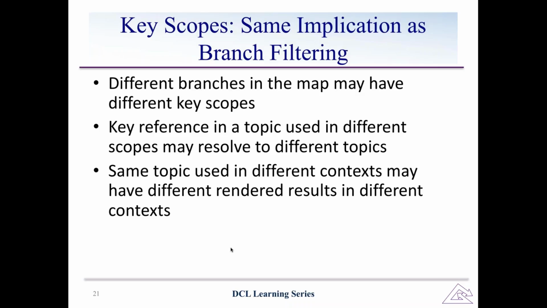So, for example, if I have a generic topic that needs to reflect different product names, and I have a multi-product publication, for each product I would have a different scope, and in each of those scopes, I would have a different set of, quote, variable defining key definitions that resolve to the appropriate product name in that context, right? So then when I render that topic, each of those different use contexts are going to reflect a different product name in the rendered result. So even though the topic itself doesn't change, the rendered result is absolutely going to be different for each of those uses.